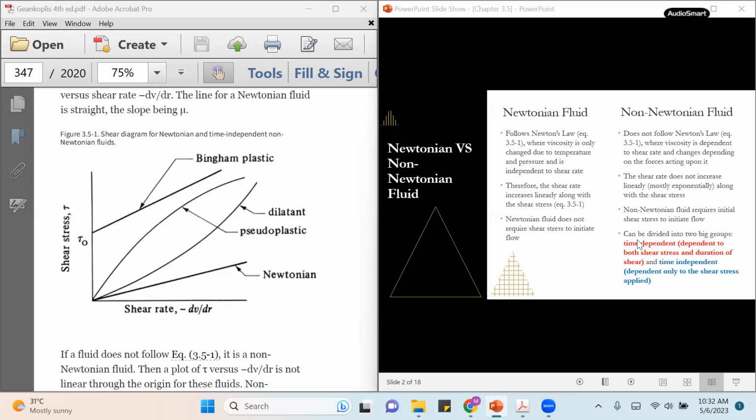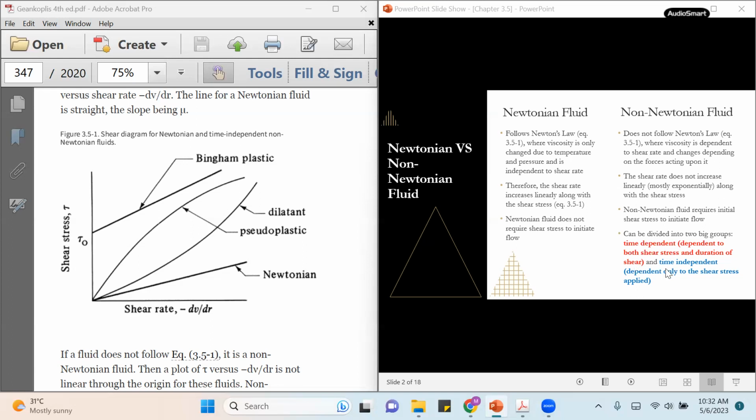Now, non-Newtonian fluid itself can be divided into two big groups: time dependent and time independent fluid. Time dependent means that these types of fluid depend on both shear stress and duration of the shear.